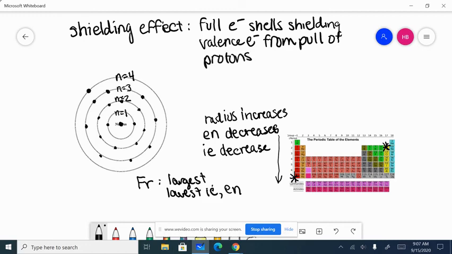All of the trends going down a family are caused by the shielding effect. So remember, the shielding effect is from top to bottom of a family. The Coulombic effect is from left to right across a row or period.